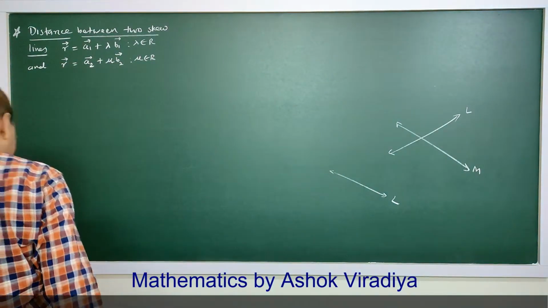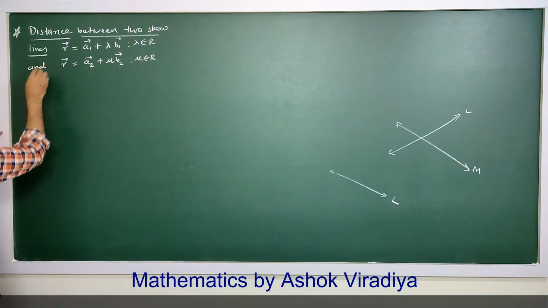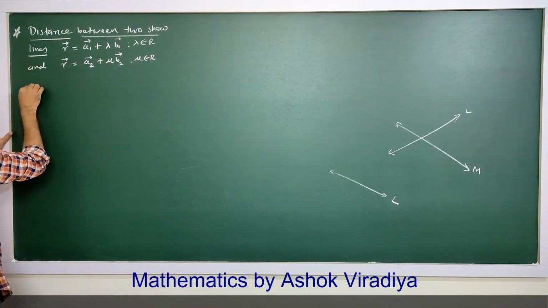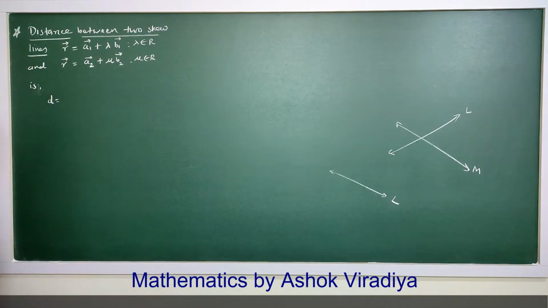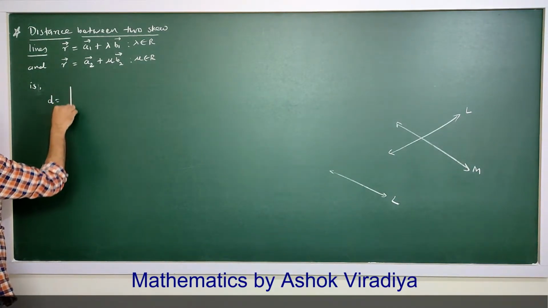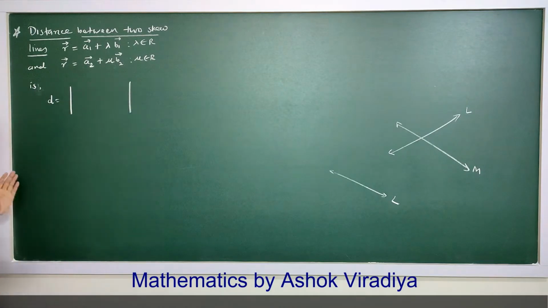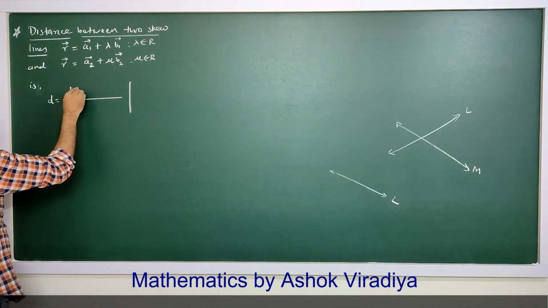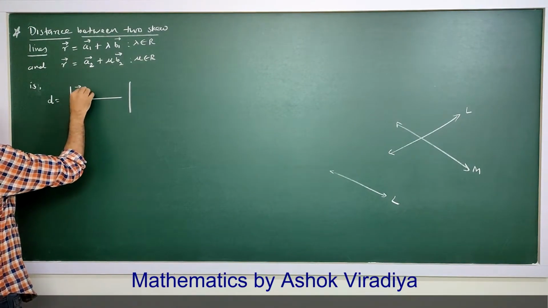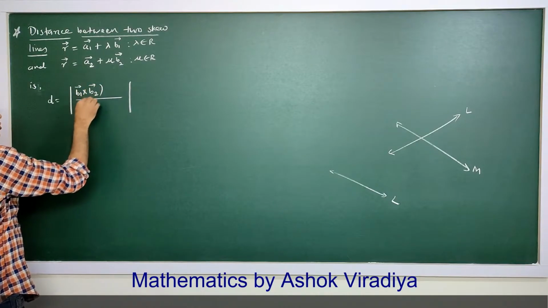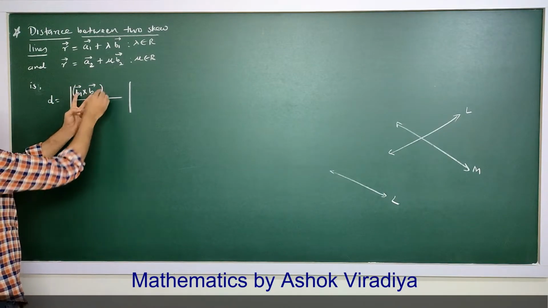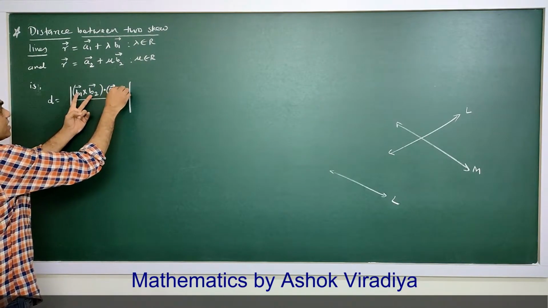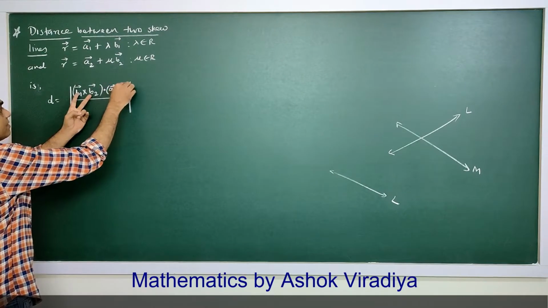Result is: distance between two skew lines, distance d, is equal to modulus of, in the numerator, dot product of vector b1 cross vector b2 with vector a2 minus vector a1.